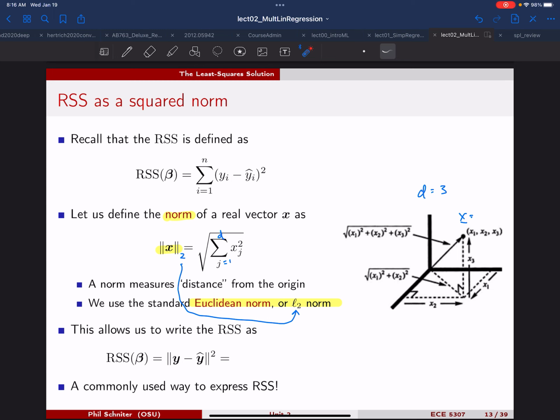Okay. And now I can go one step further. If I want to describe this directly in terms of beta, I can expand y hat into the A matrix times the beta vector. And now you can see how exactly the RSS depends on beta. Okay, so this is a very common way to express RSS, and we'll use this as we go forward. Any questions on this? Okay.